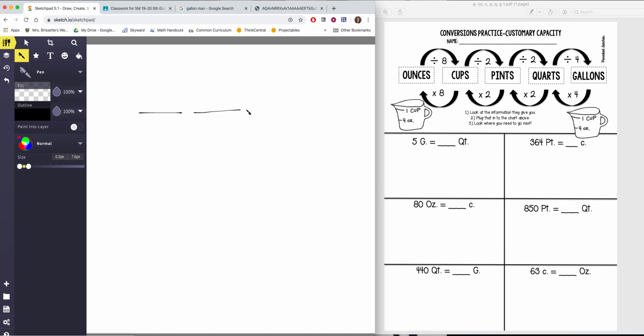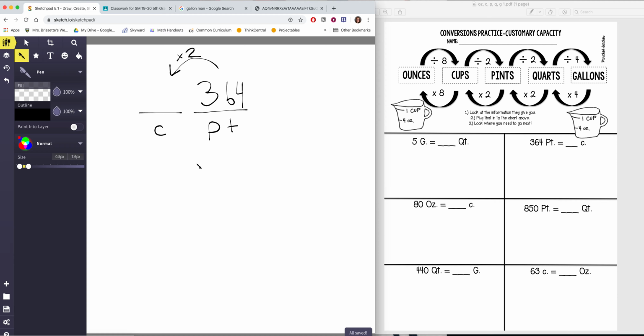We have 364 pints, and we're converting that to cups. And to go from pints to cups, it tells me to multiply times 2.